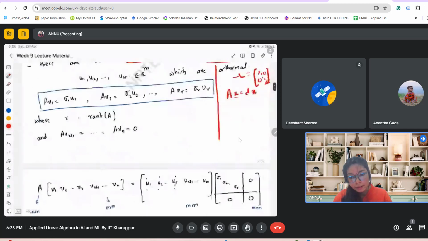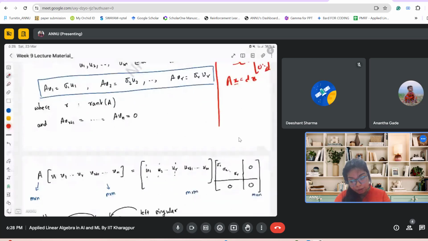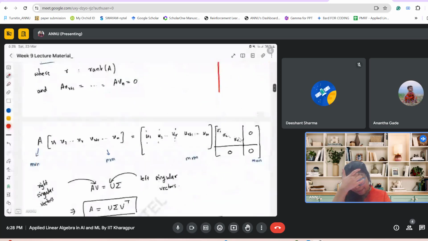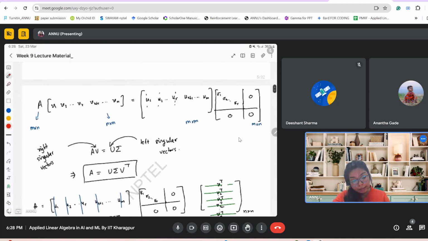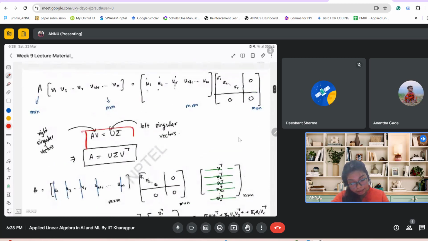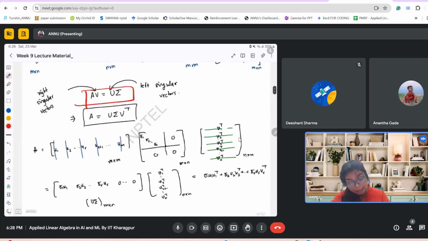We can also write it like this: A is equal to, with v1, v2, vr, then vr plus 1 till vn, then u1, u2, ur, then ur plus 1 till um, and sigma 1, sigma 2, sigma r, where the zeros will go. So you can write AV equals U sigma.